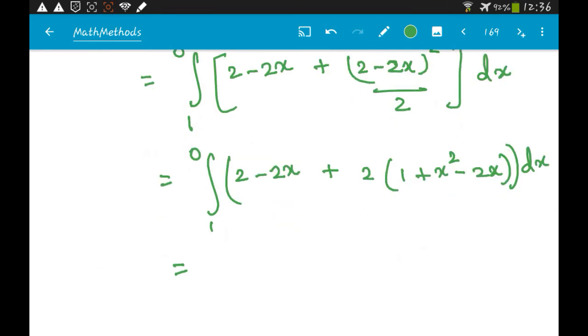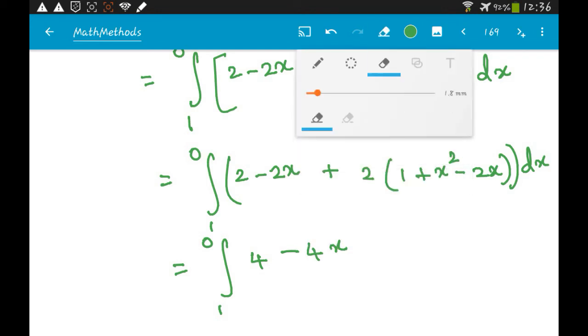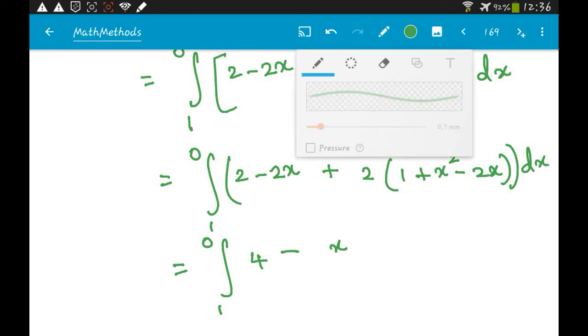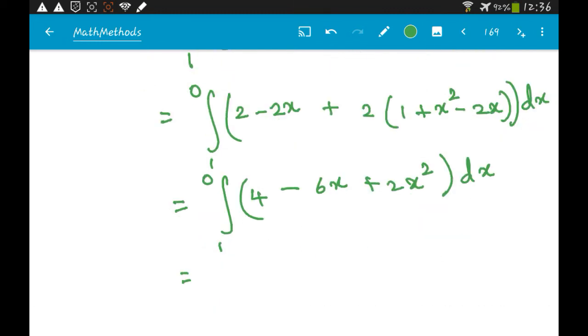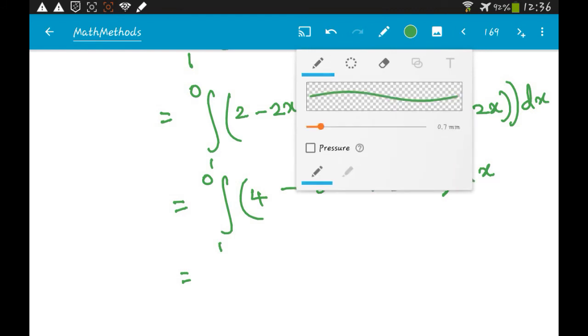So let's simplify this. 4 minus 4 minus 6x plus 2x square. So you're going to get, now let's compute the integral.